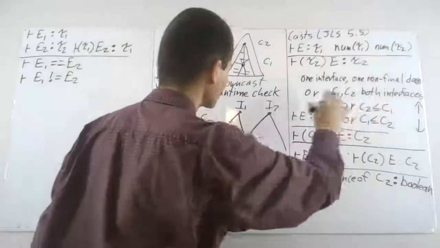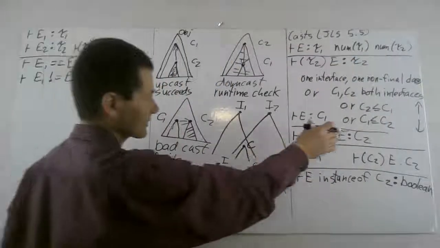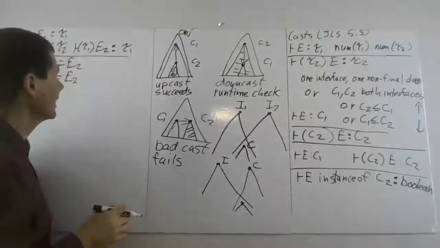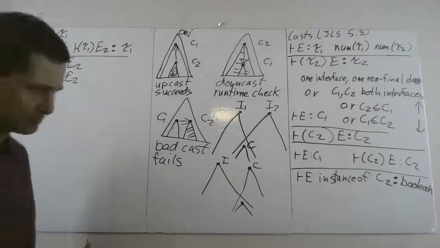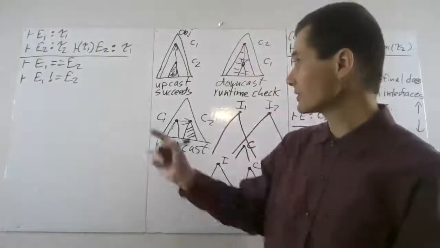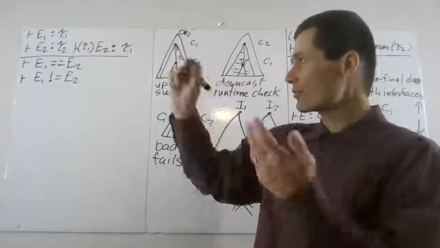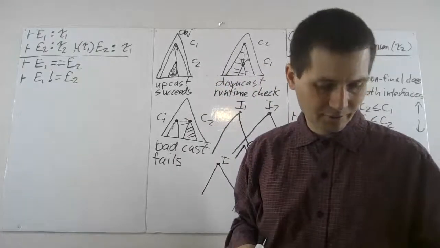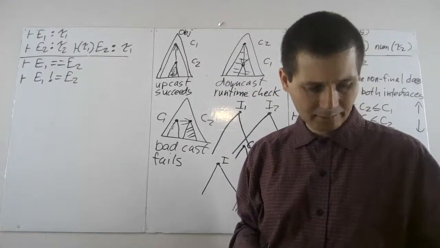If you implement these rules here, they're symmetric here. They're supposed to be both numeric types. So for Juice, one direction should be sufficient because the rules are symmetric.